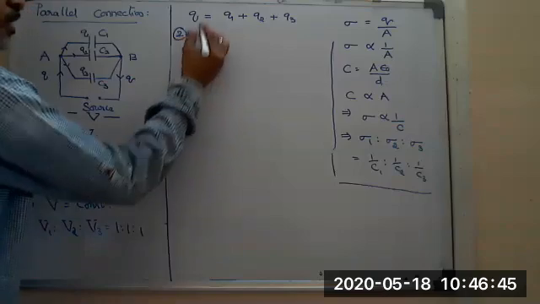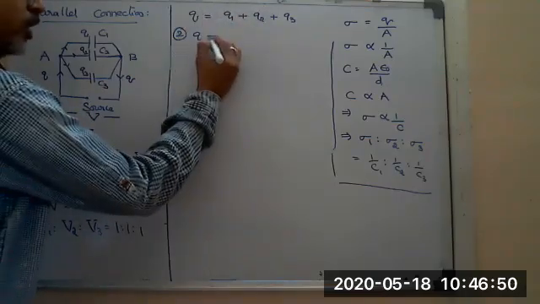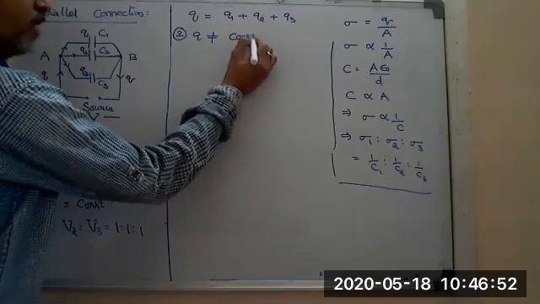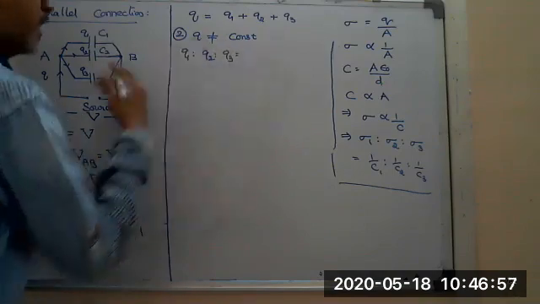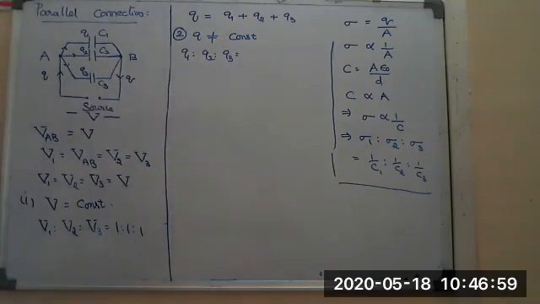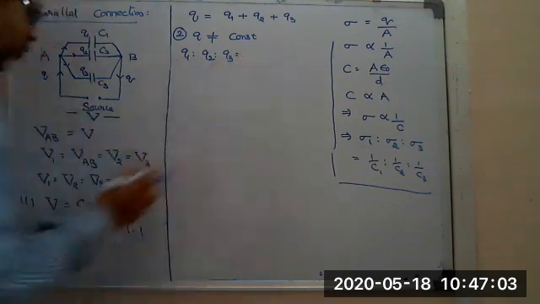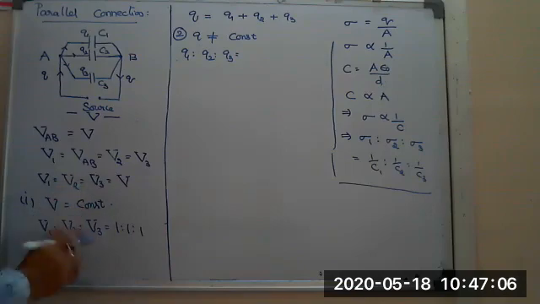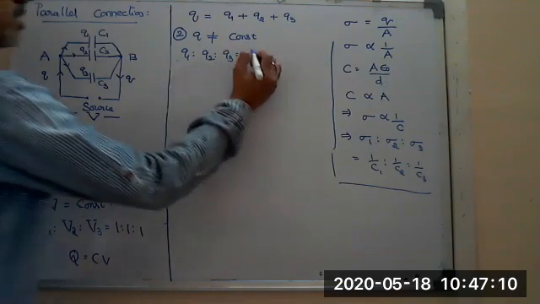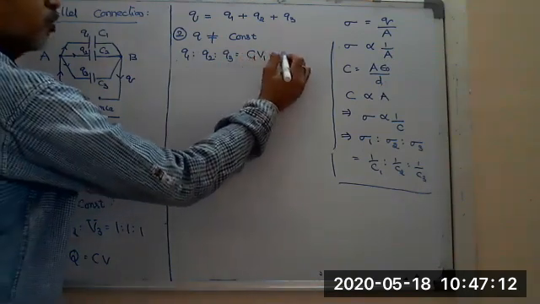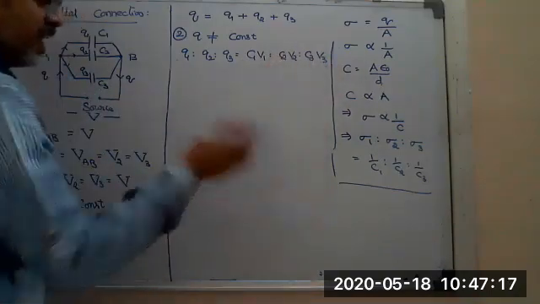So the second point here: the ratio of Q is not constant. From this we understood that you never get the ratio as 1 is to 1 is to 1 unless the capacitors are equal. So Q1 is to Q2 is to Q3 equals what? According to the formula, Q equals CV, I can write C1V1 is to C2V2 is to C3V3.